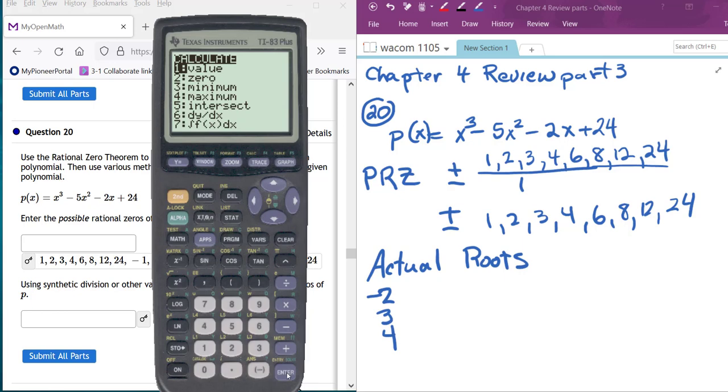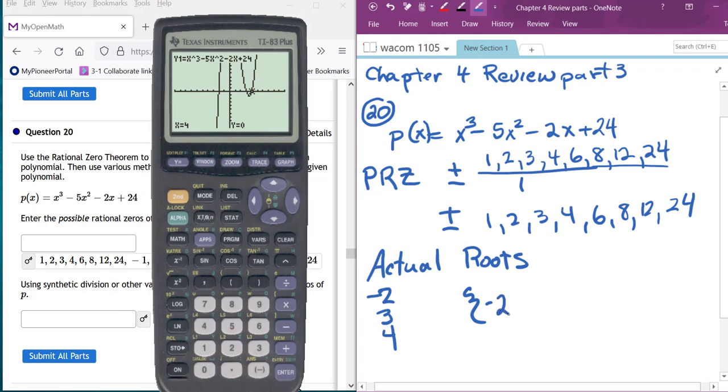So second calc value for 3. Yes, it works. And second calc value for 4. Enter. And it also works. So these are my 3 zeros: -2, 3, and 4.